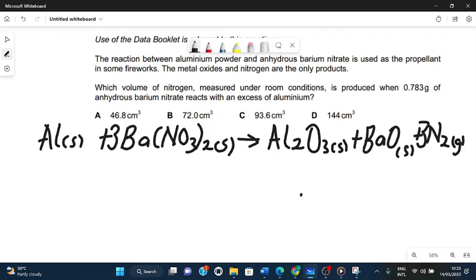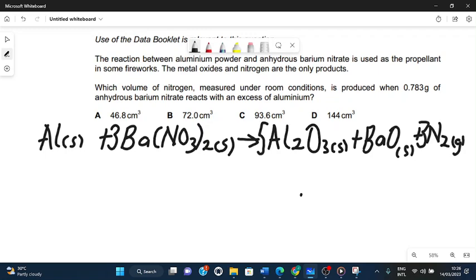Now the next thing we look at is oxygen. Oxygen is 18 here, but oxygen is just 4 here. So I'll put 5 here, so oxygen will now be 15.